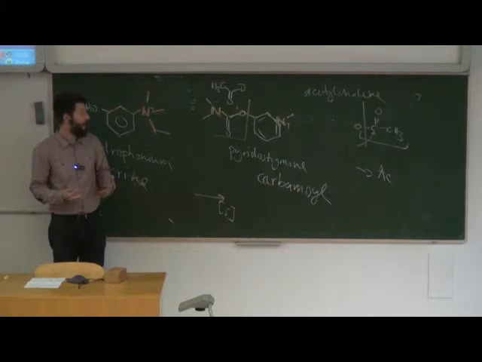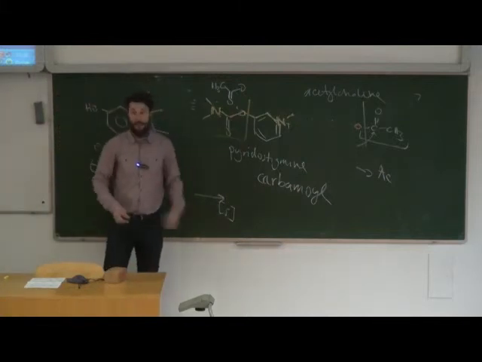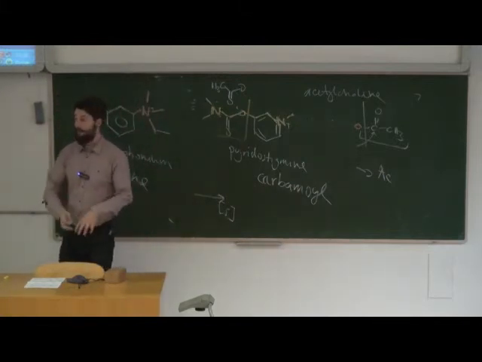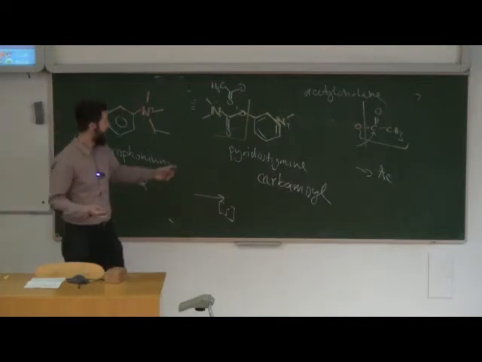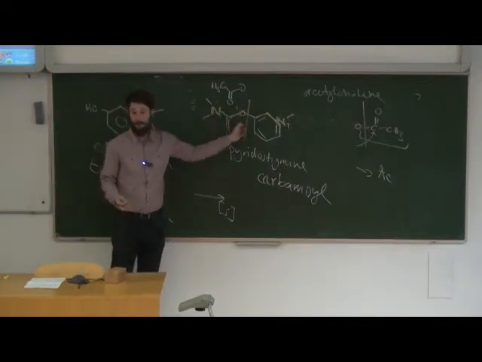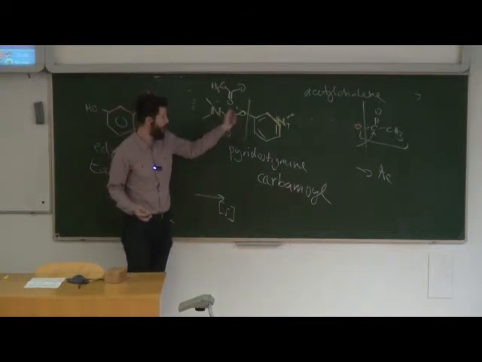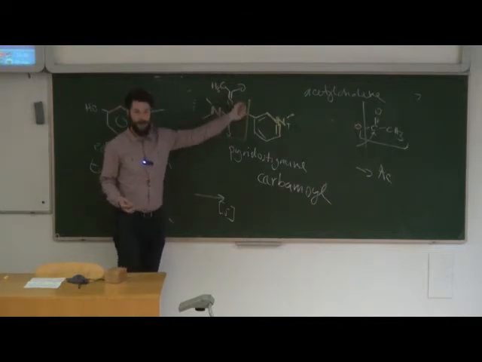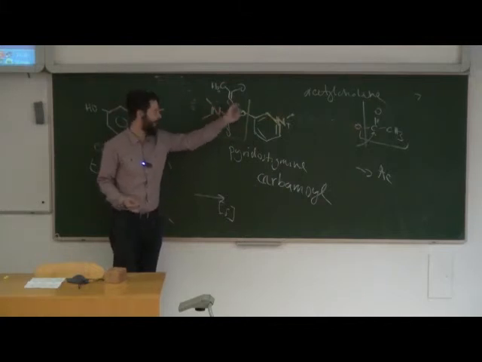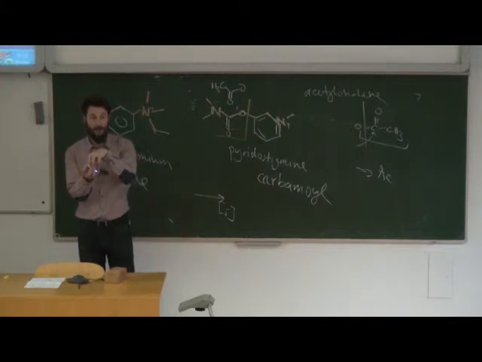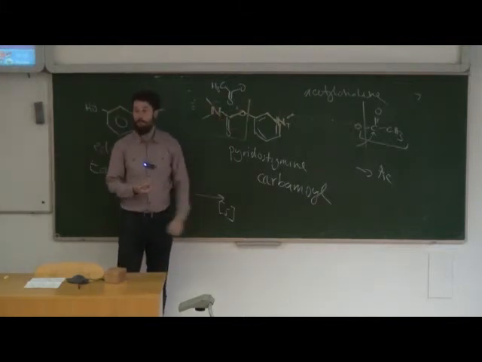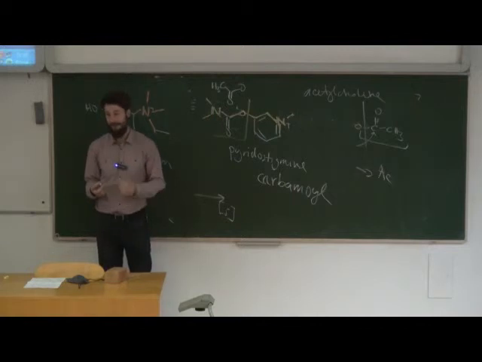So, pyridostigmine comes to acetylcholinesterase. Acetylcholinesterase binds it because it looks kind of like acetylcholine. It tries to break this bond, and it succeeds. It breaks the bond. It binds this carbamoyl group, well, dimethyl, but whatever, carbamoyl group. It binds to its serine, but this carbamoyl group is much harder to remove than acetyl group.